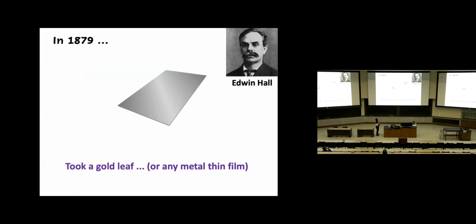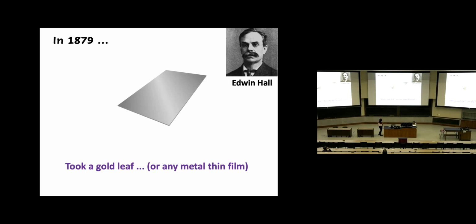Okay, so this Edwin Hall was an American physicist, and he was doing his PhD at Johns Hopkins. Okay, and then he did this experiment. What he did was that he took a gold leaf. Okay, but it turns out that any metal or semiconductor thin films will work.